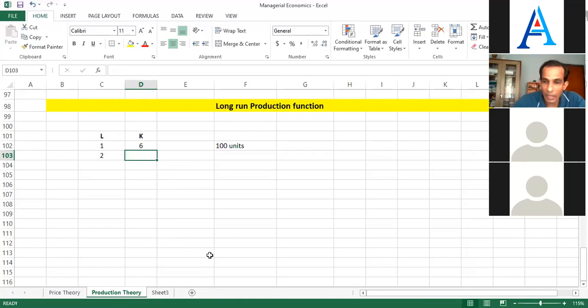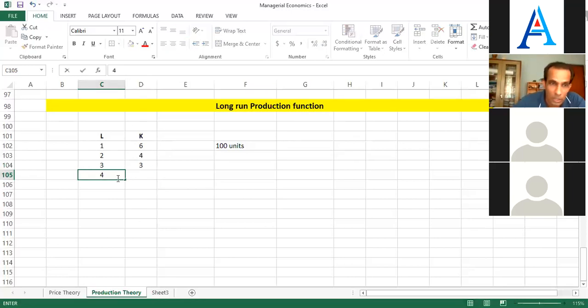If they increase labor further, they can decrease capital further. So when the firm is increasing labor, they can decrease capital.